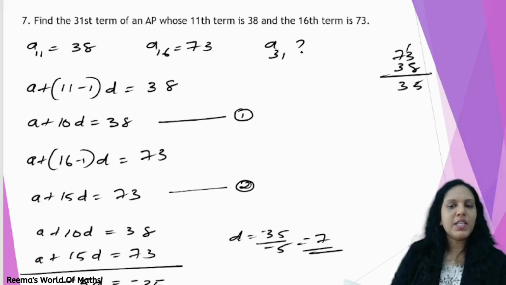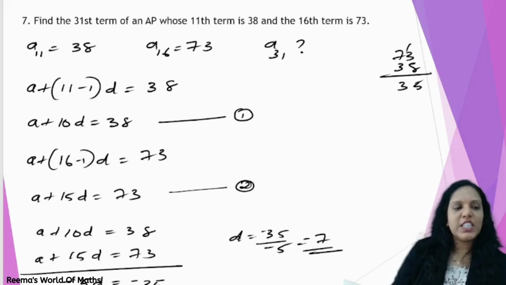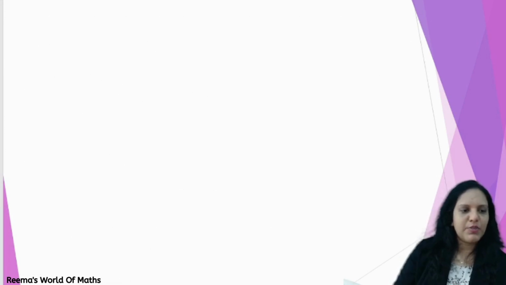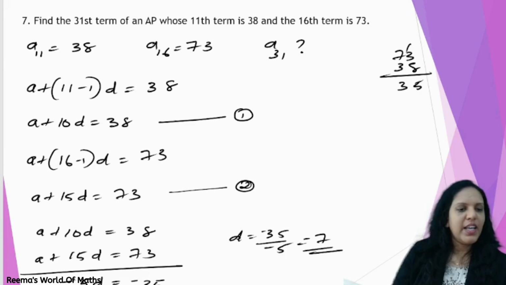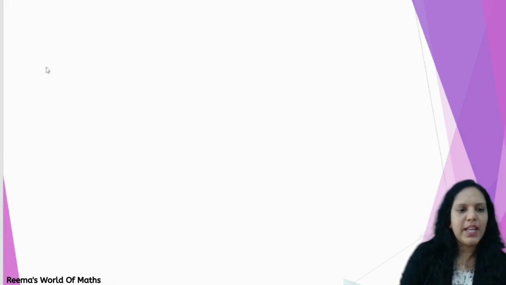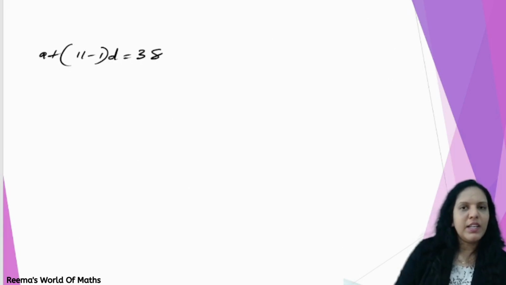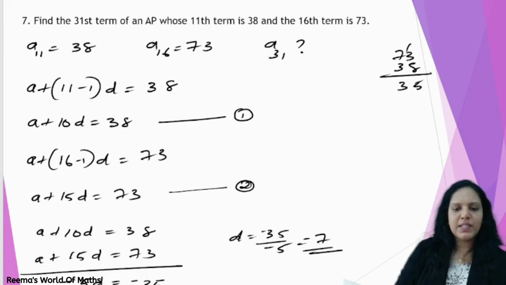Now we are asked to find the 31st term of the AP. So let's write that in a new slide. We need to find the 31st term, so first find the A, the first term. So that is A plus 11 minus 1 D equals 38. And we found the common difference is 7, not minus 7.